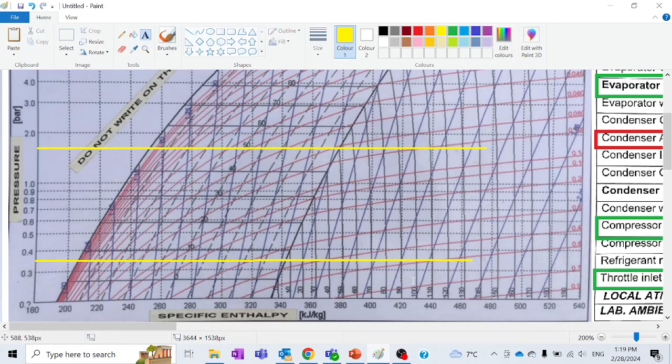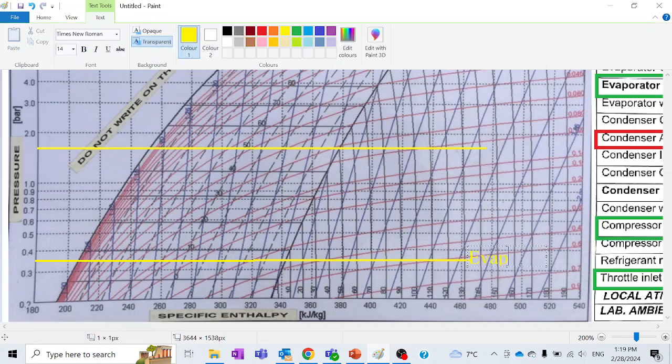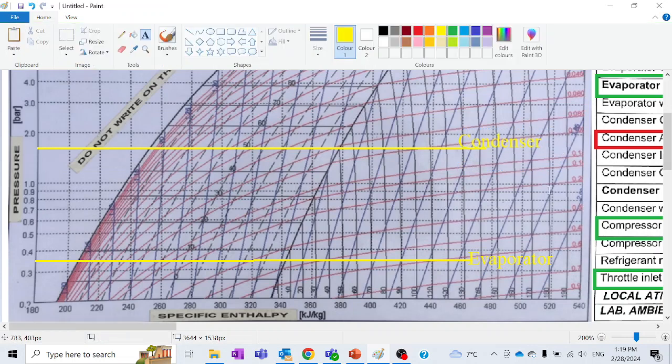Let's name them: evaporator pressure here, and this upper line is the condenser pressure. So now we have traced two lines corresponding to the evaporator pressure and condenser pressure.